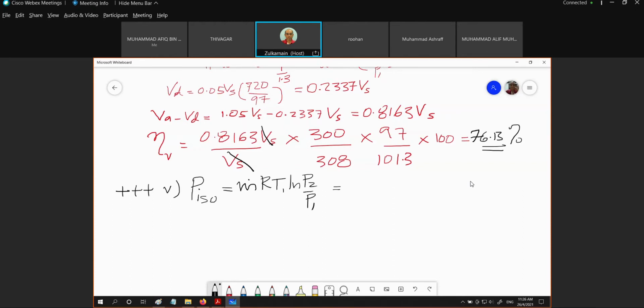So this is number 6. Put all the values. You need to convert this as in kilogram per second. And after that, of course, you need to get the isothermal efficiency.